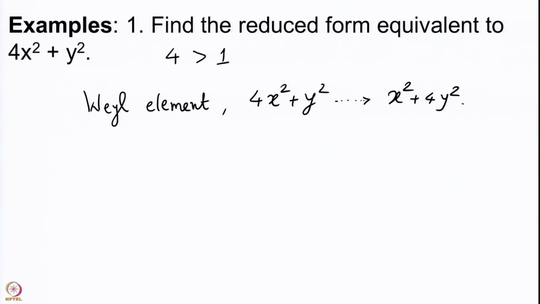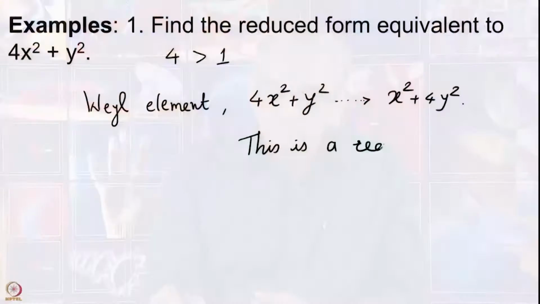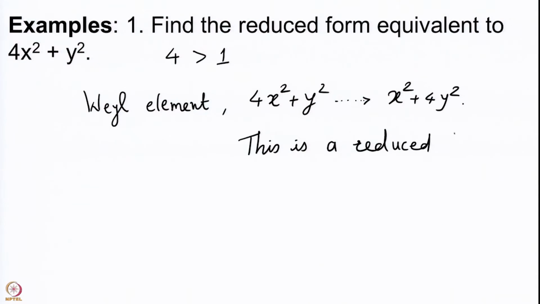Here we do not have the B term, there is no coefficient for xy, the xy term is 0, and so its sign changes and it still remains 0. This is a reduced form. So, 4x square plus y square is equivalent to the reduced form x square plus 4y square.